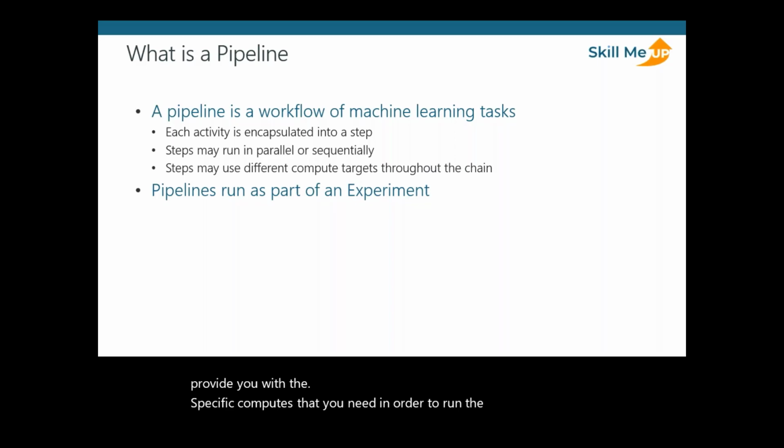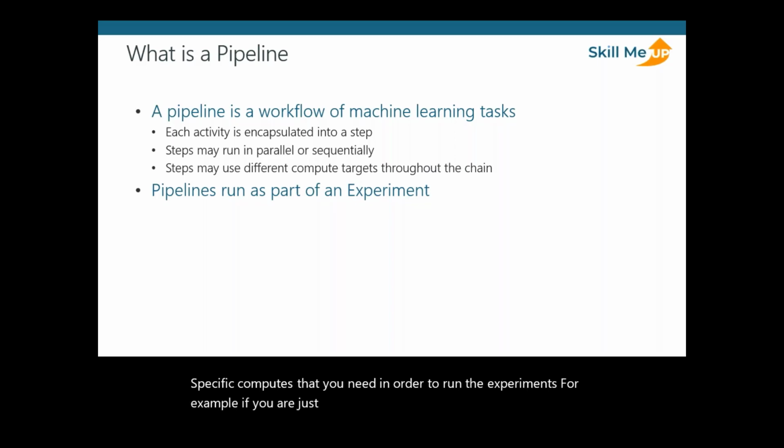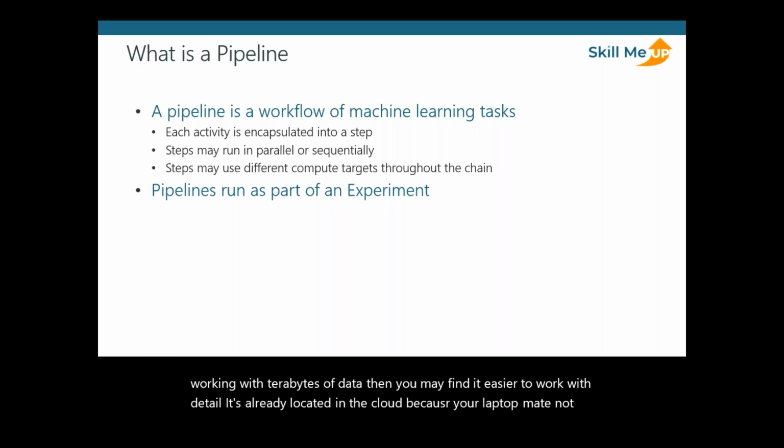For example, if you are just developing on a small amount of data, then you may not need a very powerful compute target. However, if you are working with terabytes of data, then you may find it easier to work with data that's already located in the cloud because your laptop may not hold all of that data, for example.